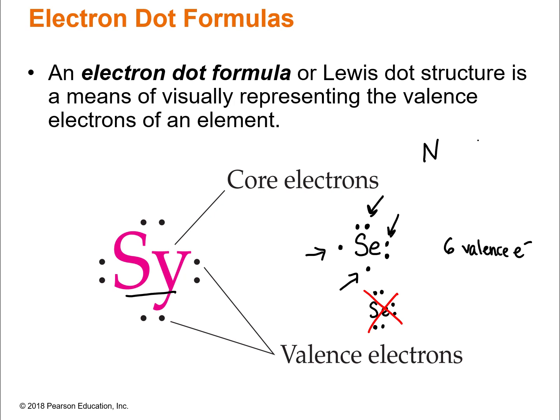Nitrogen has 5 valence electrons. To place those, you're going to put 1 electron on each side and then double up on one side. Doesn't really matter which side you double up on, as long as you only double up on one side.